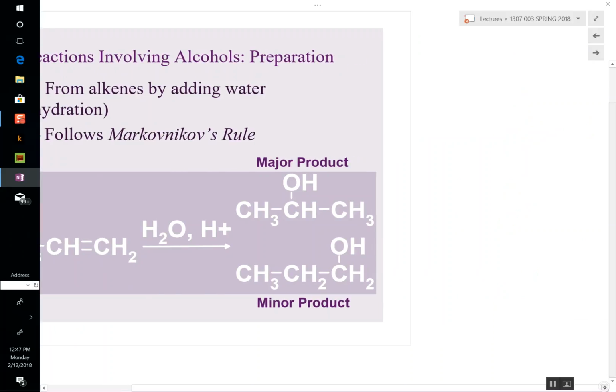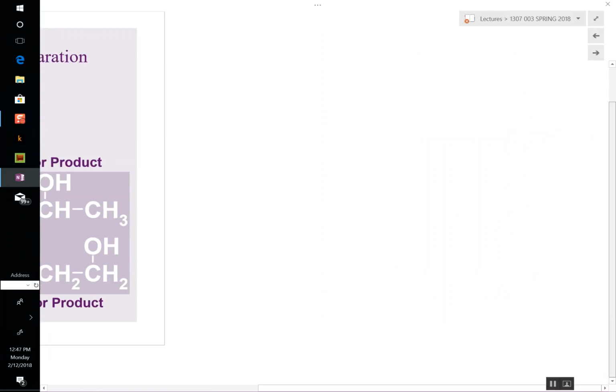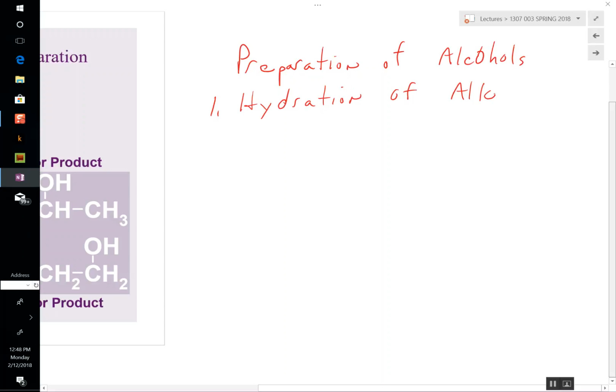What we're going to look at today, let me just summarize the reactions we're going to look at. We're going to look at how to prepare alcohols, and the first reaction is going to be one you already know, hydration of an alkene. The second one is going to be the hydrogenation of a carbon-oxygen double bond.